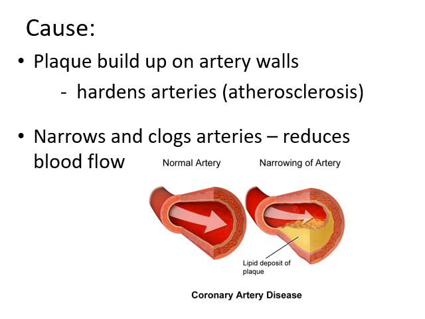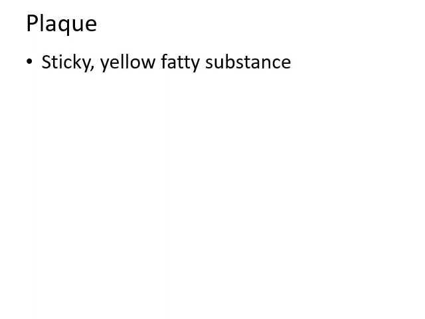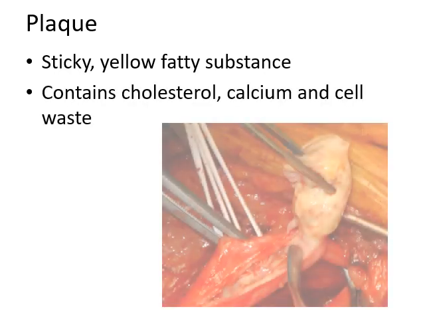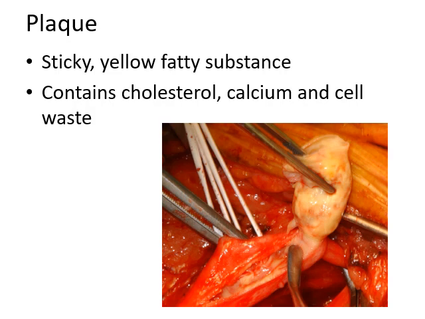And then it's the clot that will cause the blockage in the arteries. So what is plaque? It's a sticky yellow substance that is made up of cholesterol, calcium, and cell waste. So here's a picture of a big artery with a big clump of plaque being taken out of it.